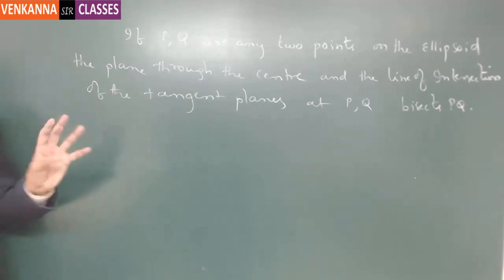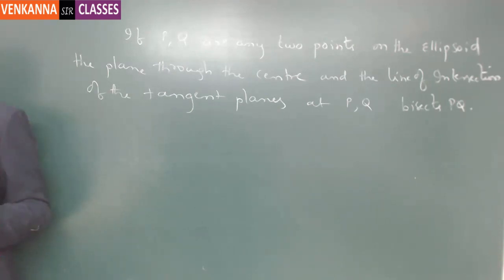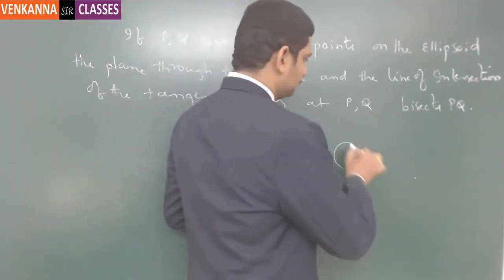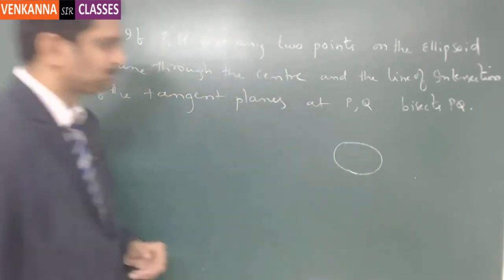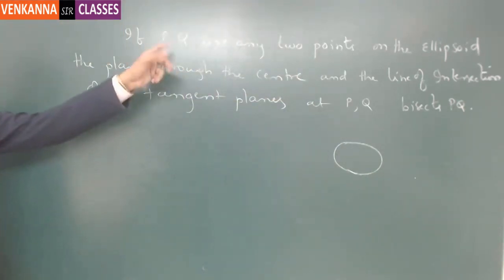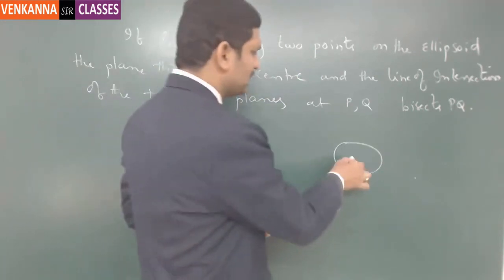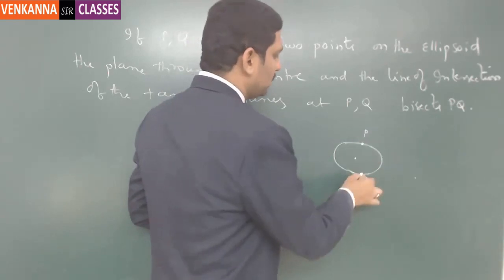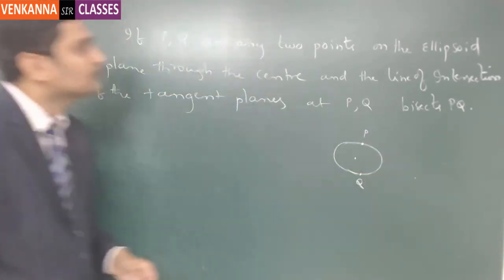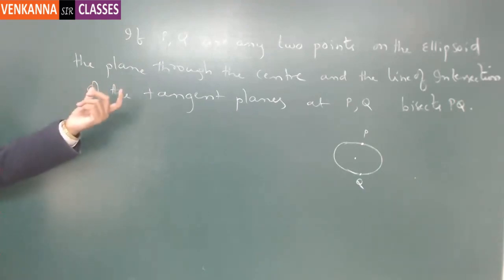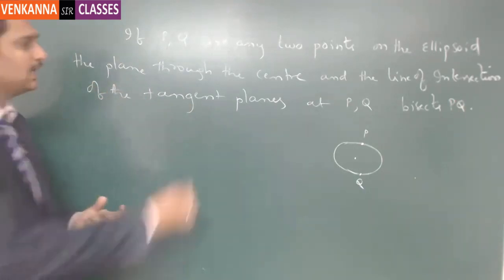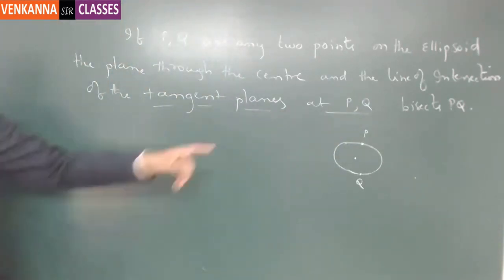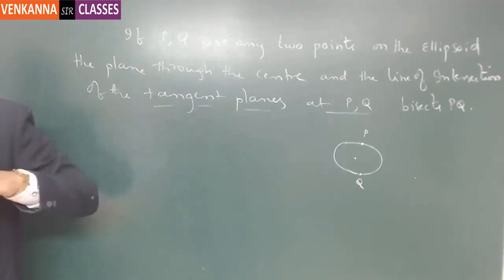Now let us try to imagine the picture for it. So let us say this is our ellipsoid. Now I have taken 2 points on it. Let us say this is my center. This is one point P. This is another point Q. I am considering the tangent planes at P and Q. So at P, I am taking a tangent plane.